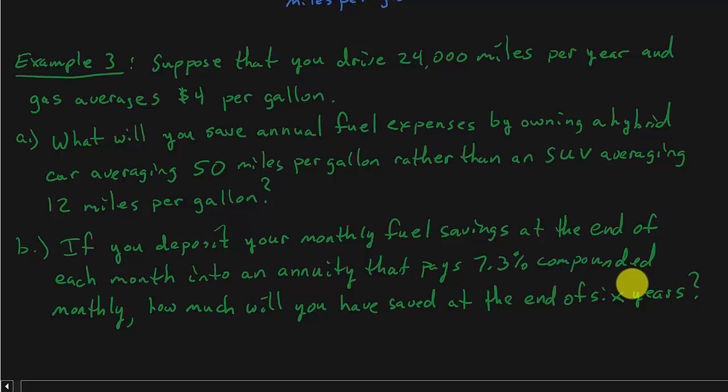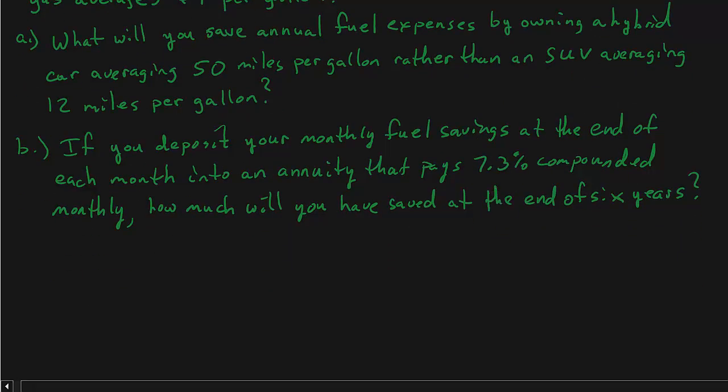For part A, what will you save in annual fuel expenses by owning a hybrid car averaging 50 miles per gallon rather than an SUV averaging 12 miles per gallon? Let's get the annual fuel expenses for the hybrid and then calculate the annual fuel expenses for the SUV.